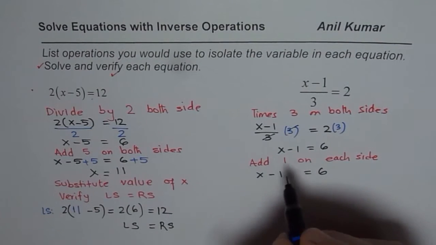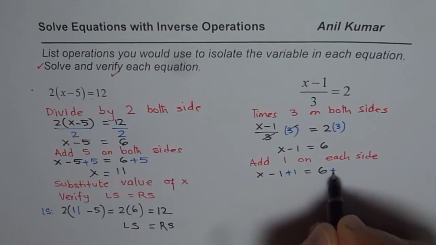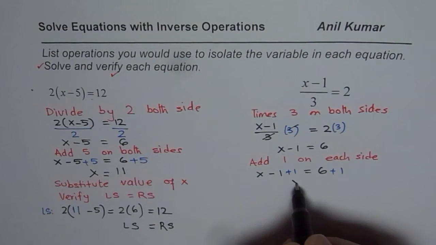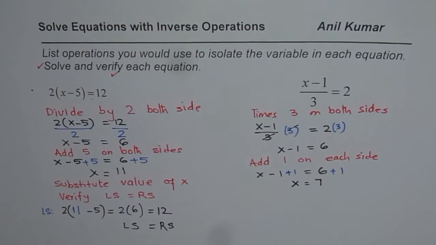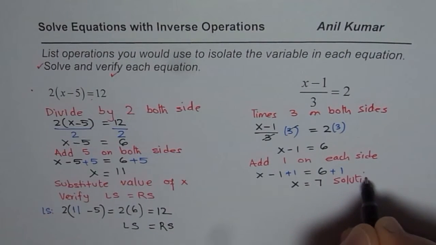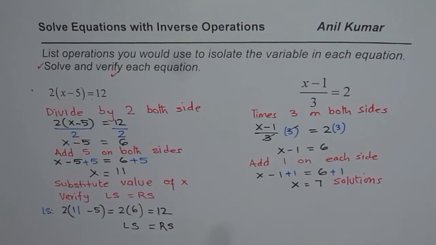When you add 1, what do you get? You isolate x. Minus 1 plus 1 is 0. So you get x equals 7. Once you isolate and get the value of x, we say we have solved the equation. That is the solution, that is your answer for x.